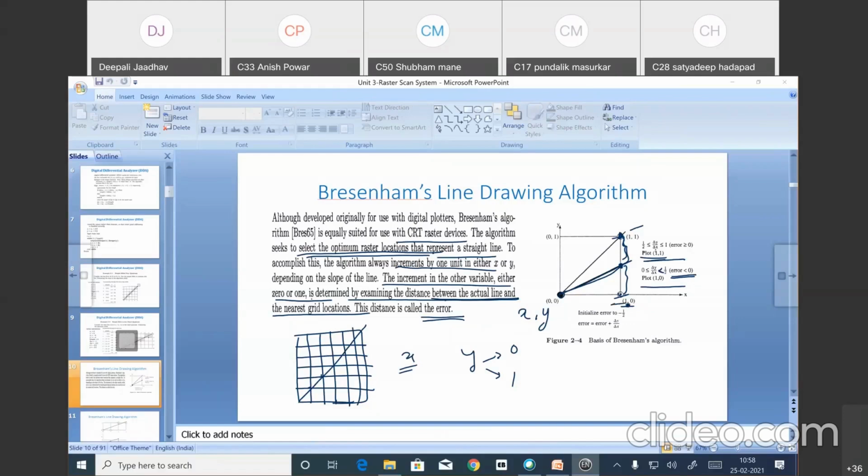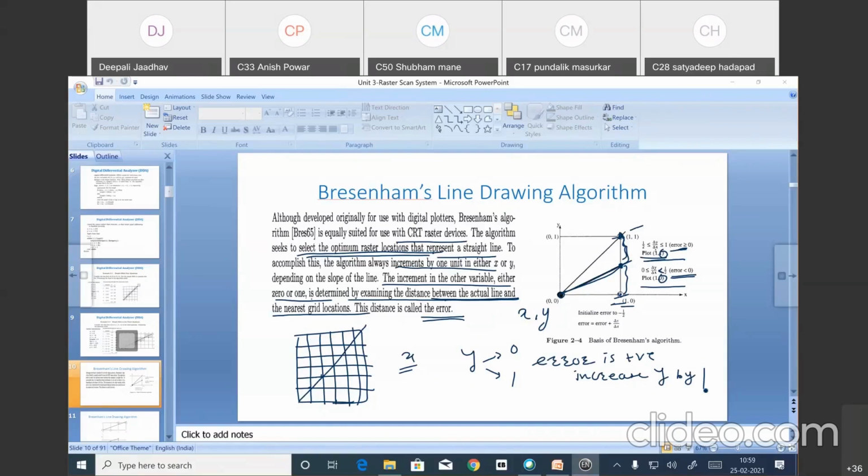So if the error is positive, increase the value of y by 1. If the error is negative, keep the value of y as it is. Clear? It's simple. If the error is positive, then increase y by 1. So 0, 0 becomes 1, 1.